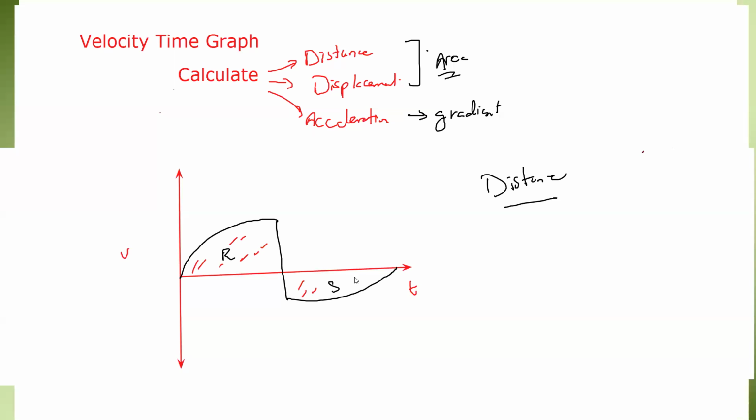R plus S. So the distance travelled will be R plus S, because the magnitude of this distance plus the magnitude of this distance, we add them, we get the distance travelled. But what about the expression for the displacement? R minus S. So we just subtract the areas of the two portions from each other, and then we'll get the displacement.